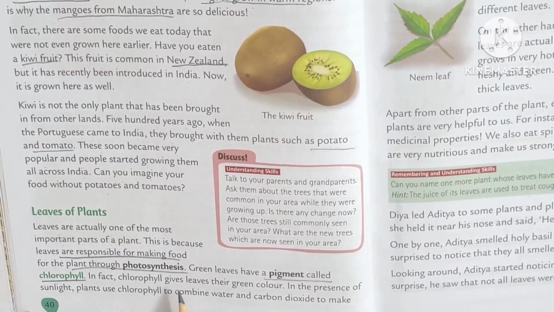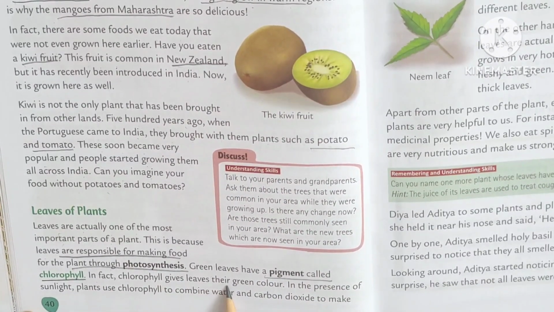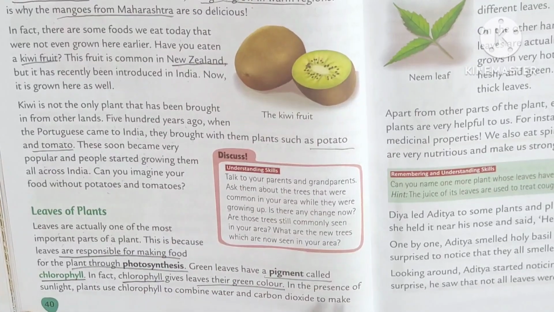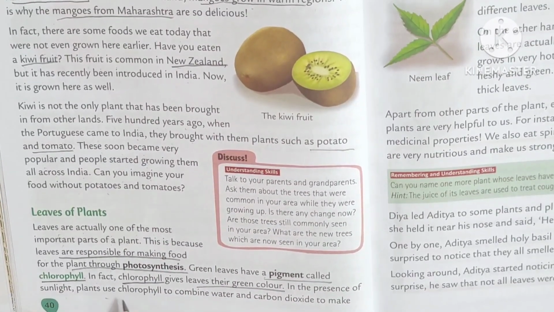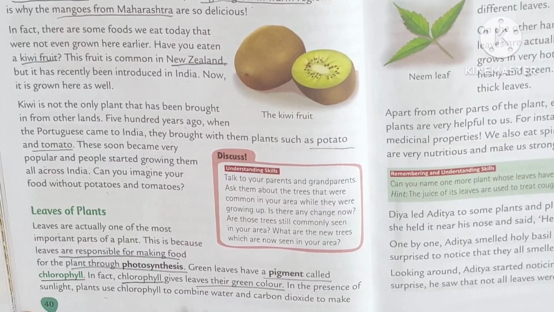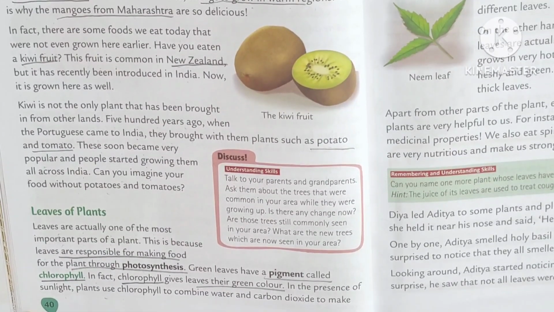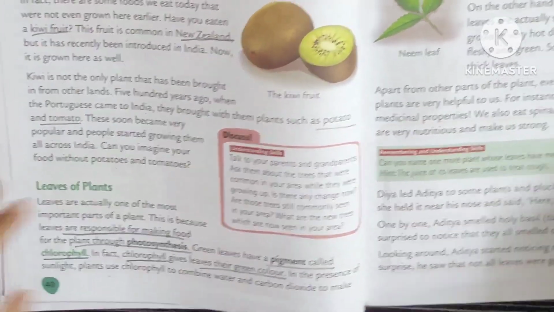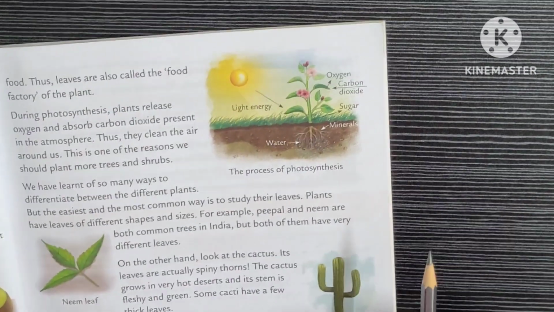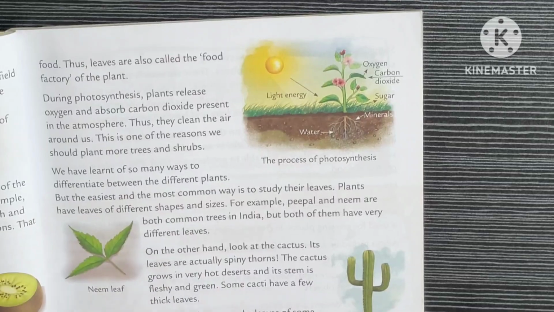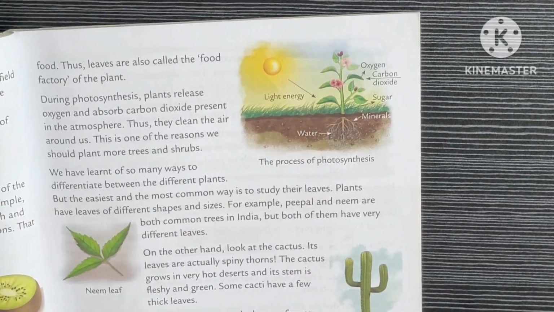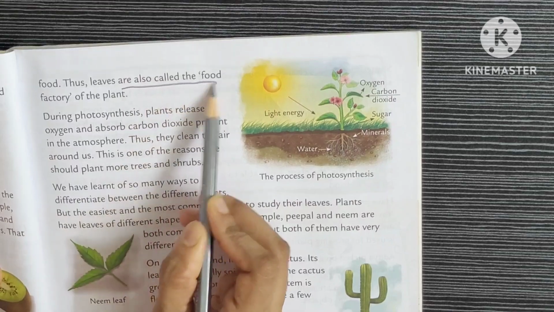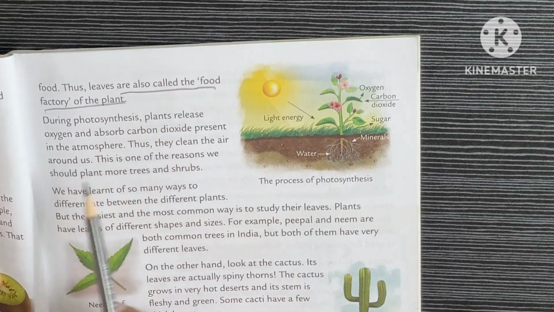In fact, chlorophyll gives leaves their green color. In the presence of sunlight, plants use chlorophyll to combine water and carbon dioxide to make food. Thus, leaves are also called the food factory of the plant.